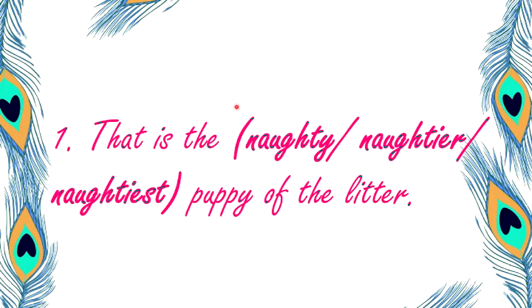So when we have the article the, you remember the rule I had shared with you when we did this session? When we have the article the, which degree of adjective will be used? You're right, it is the superlative degree. So the answer should be: that is the naughtiest puppy of the litter.